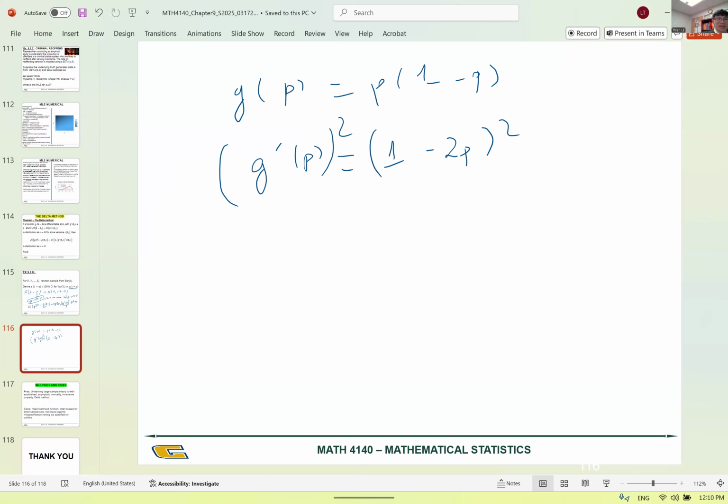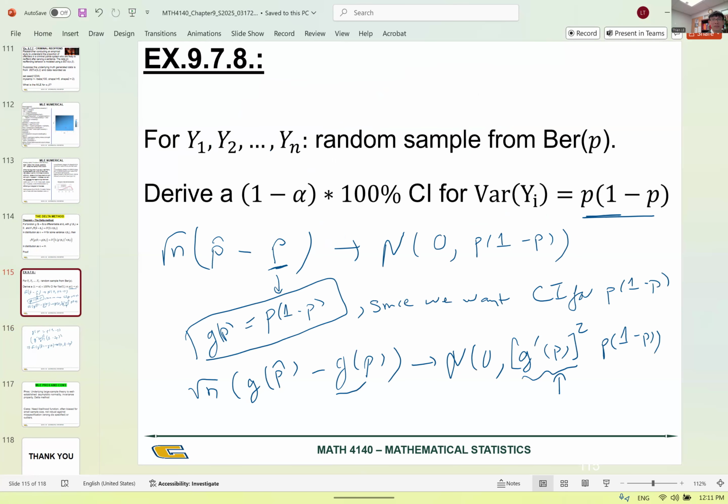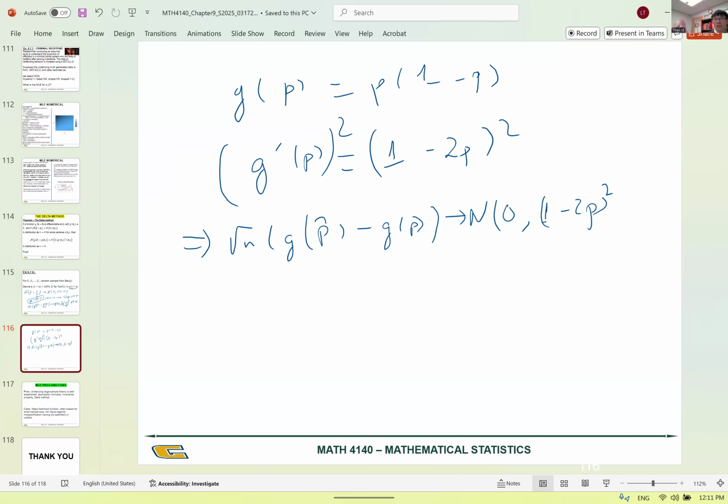So we plug it back: normal with mean 0 and variance (1 minus 2P) squared times P(1 minus P).